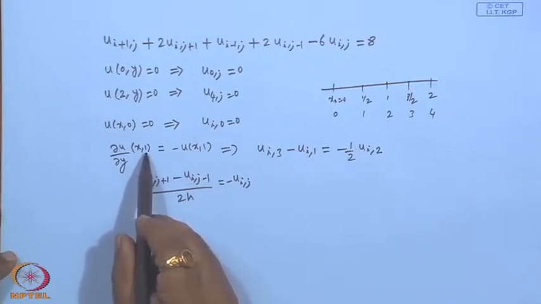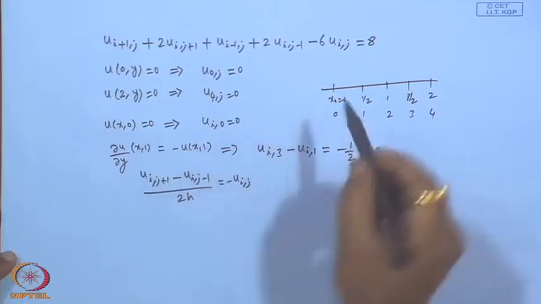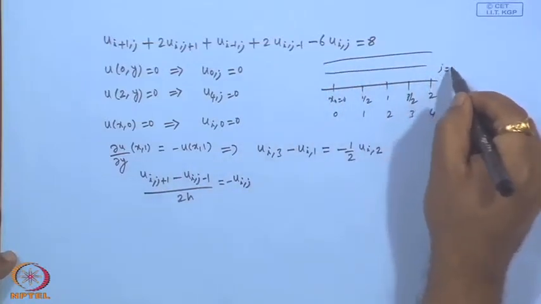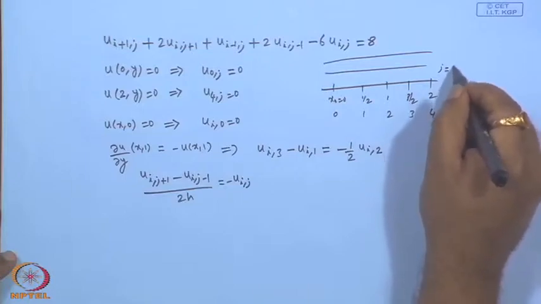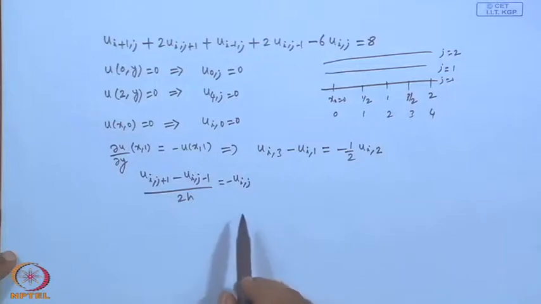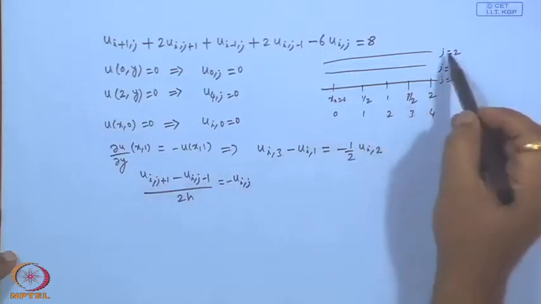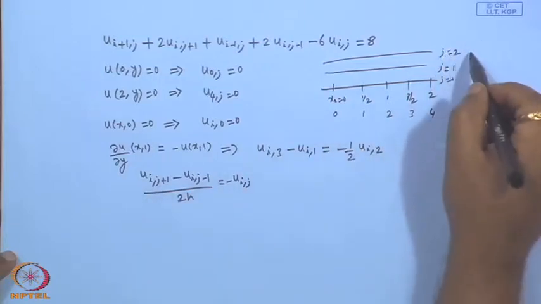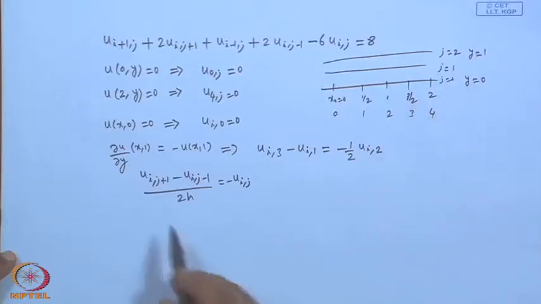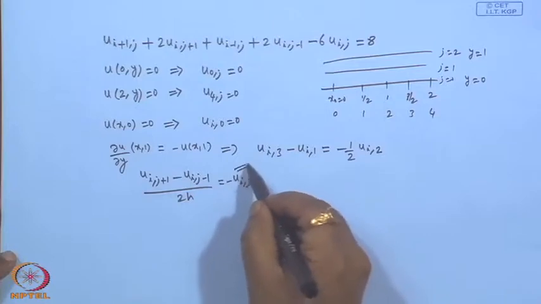So, y equals 1 is in this direction, so this is j equals 1 and j equals 2. Okay. So, here j equals 3 corresponds to y equals 1, and this corresponds to y equals 0. So, therefore, from here we get this.